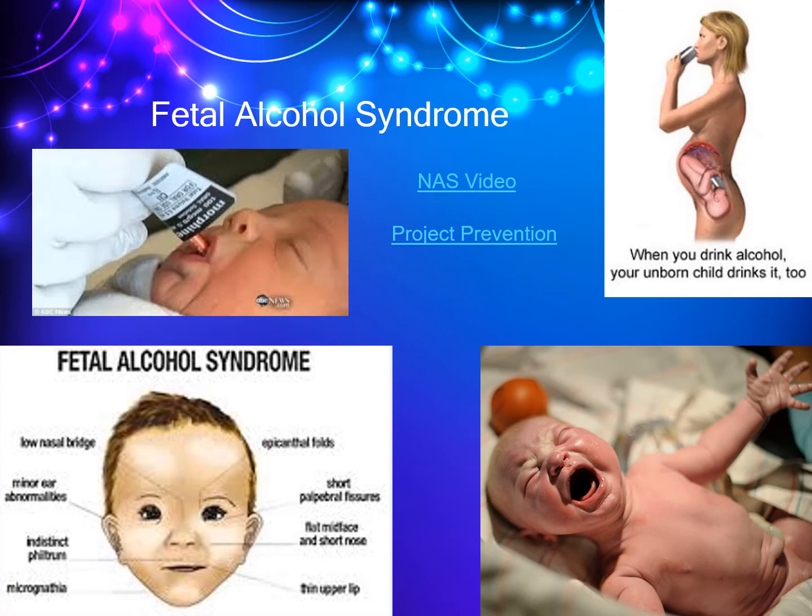And next, we talk about fetal alcohol syndrome. Infants of substance abusing mothers, including alcohol, may suffer withdrawal. Any teratogenic substances that are ingested could result in congenital anomalies and developmental problems.